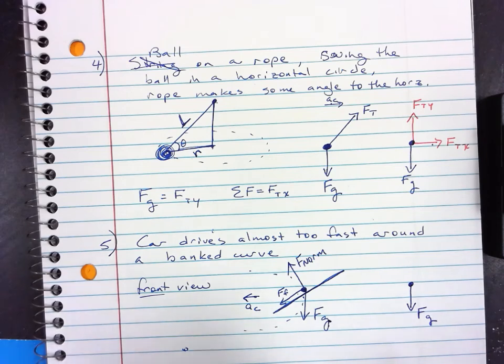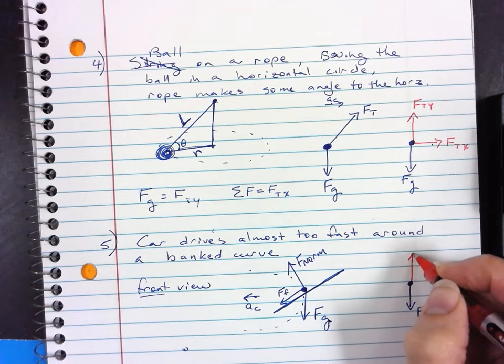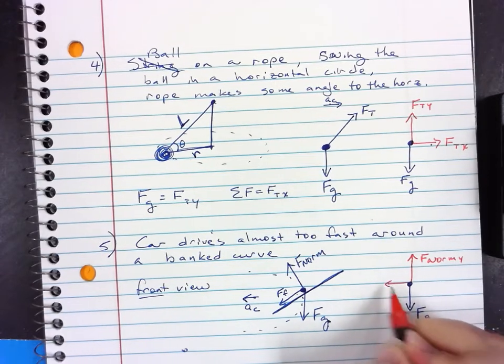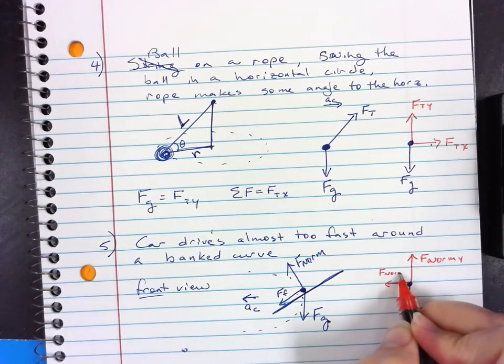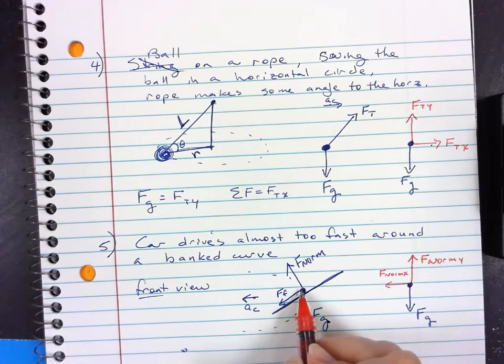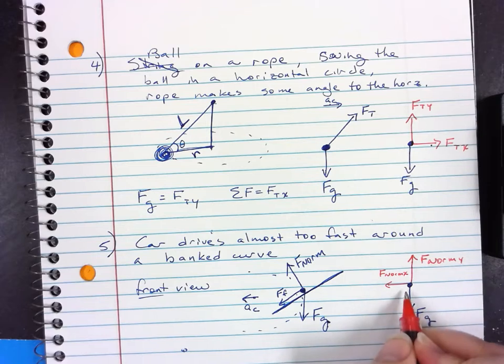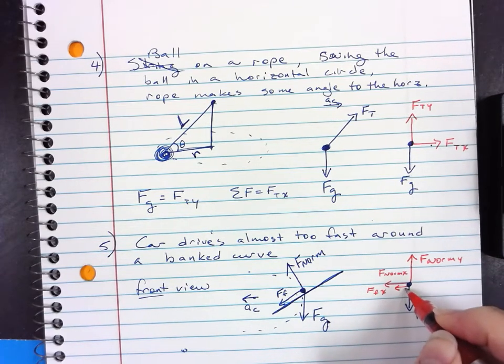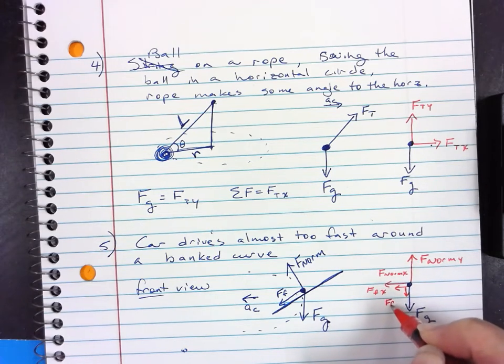Fg, F norm y, F norm x, because it's up and to the left, so these are up and to the left. Now notice friction is to the left and down. So we have Ffx and Ffy.